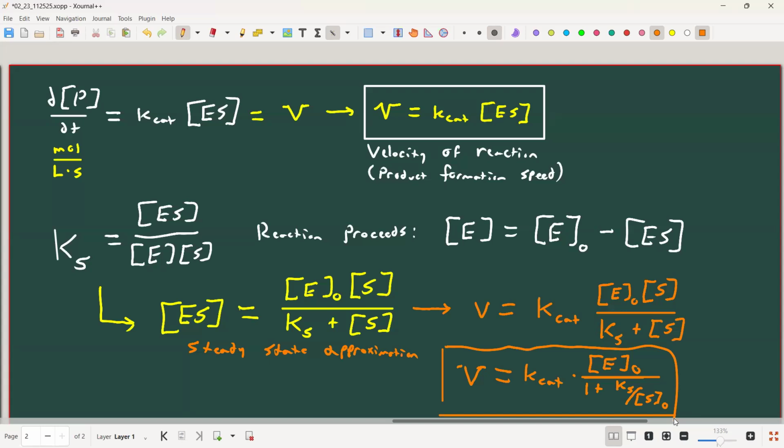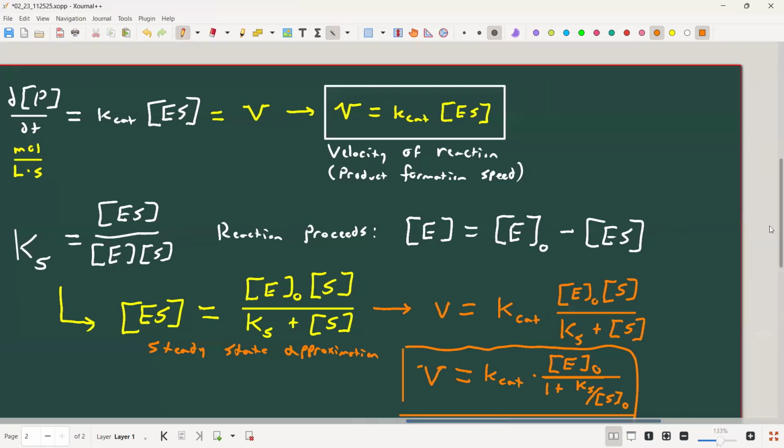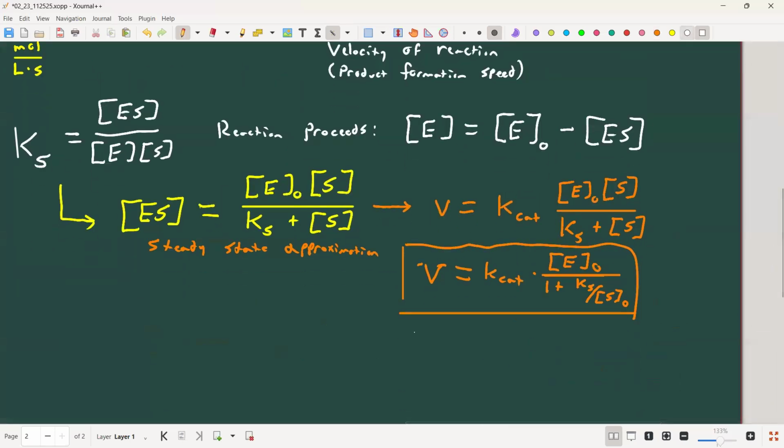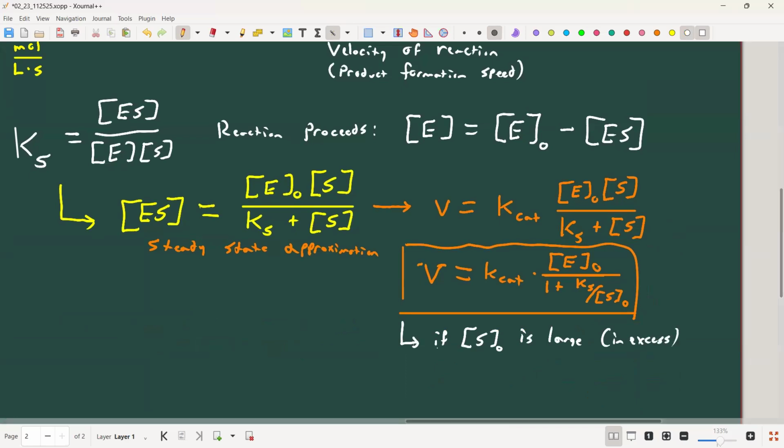So let's think a little bit about it. Well, what we see from this system is that if our substrate is high concentration, in excess, what happens? The rate slows down.